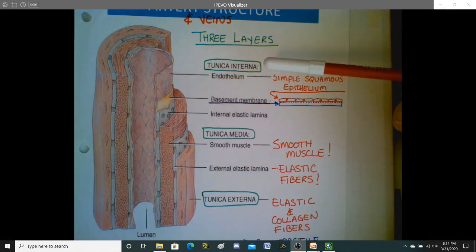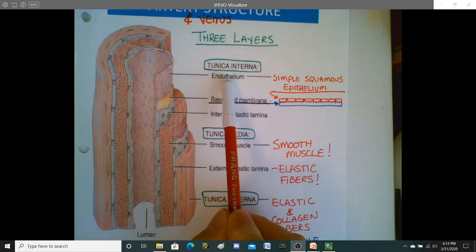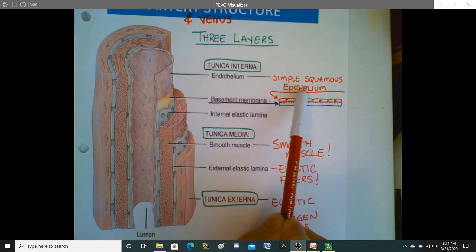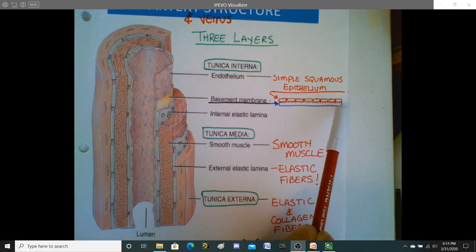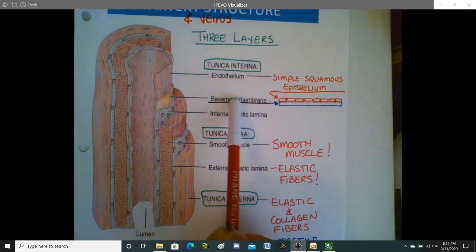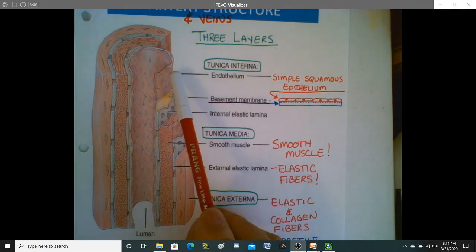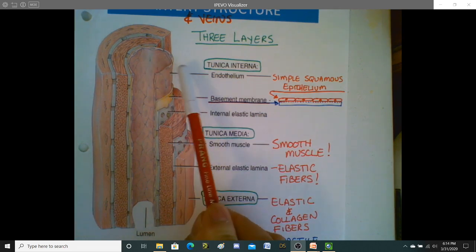So on the inside, we have this layer called the tunica interna. It's made up of epithelium called endothelium. Endothelium is made up of simple squamous epithelium. They're just flat-like cells that are in a single layer, and they're held on by a basement membrane. What happens in the tunica interna is it allows things to move in and out.